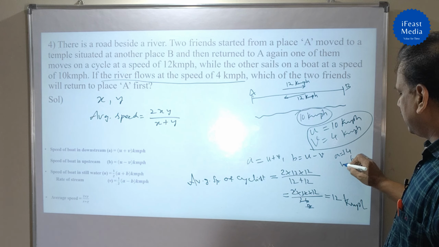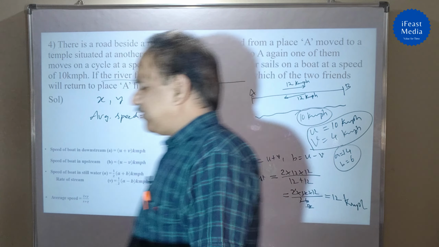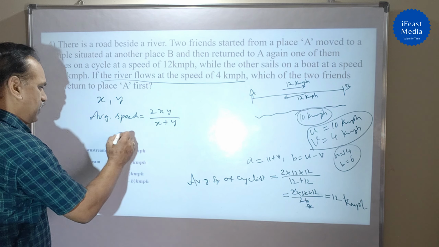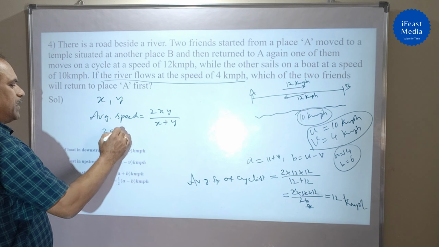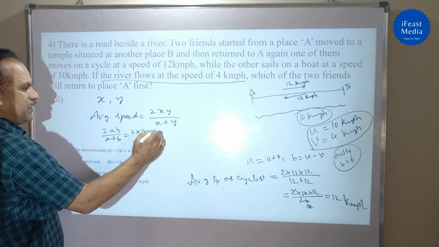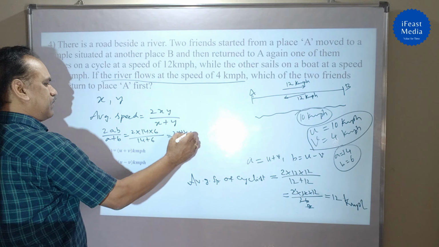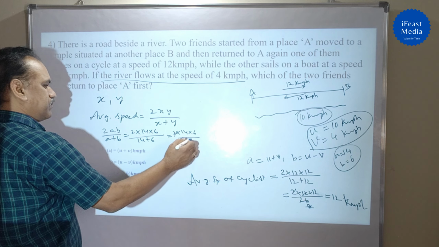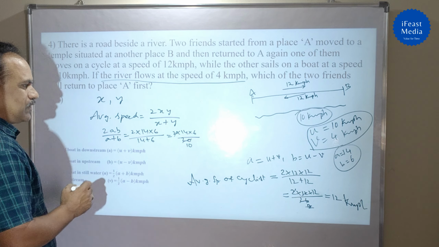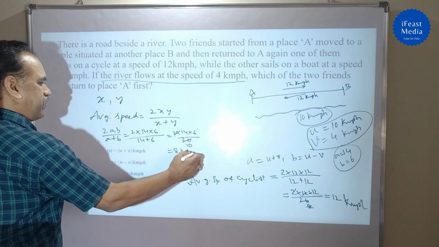So A is 14, B is 6 kmph. The average speed of the boat is 2ab by (a plus b), which is 2 into 14 into 6 by (14 plus 6), 2 into 14 into 6 by 20, which is 84 by 10, 8.4 kmph.